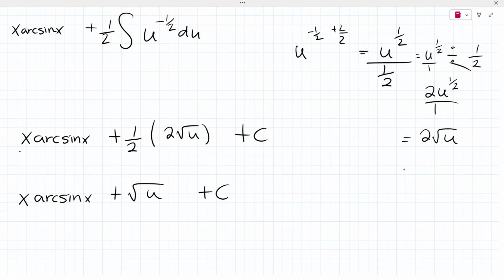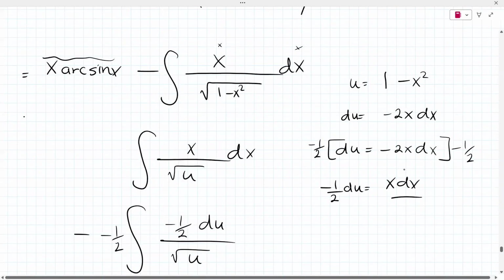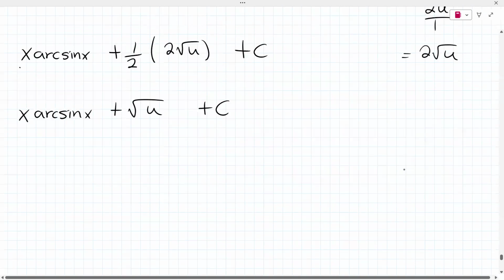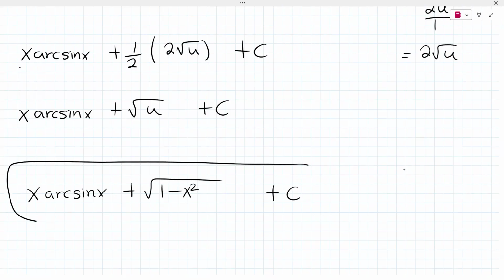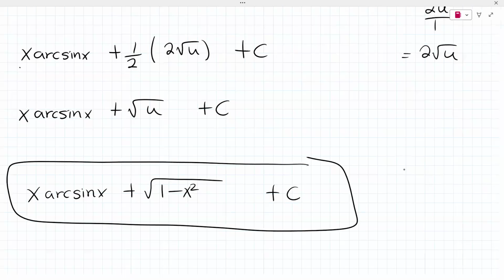And then finally, you can replace your u with 1 minus x squared. That's your final answer.